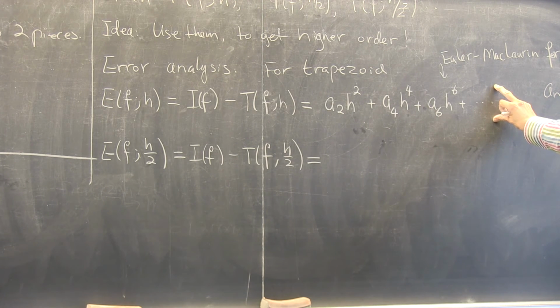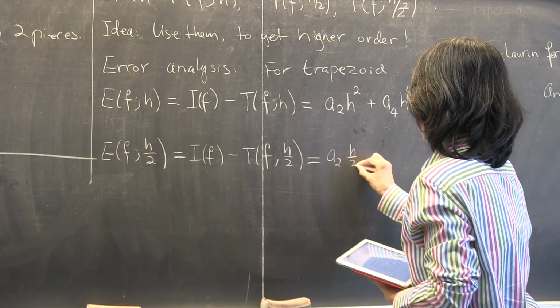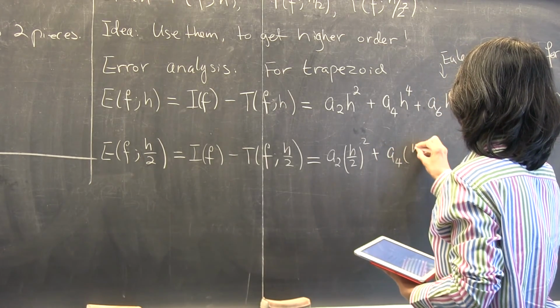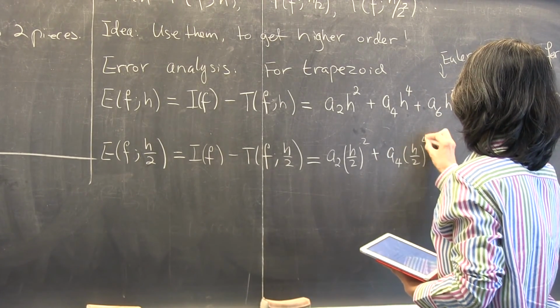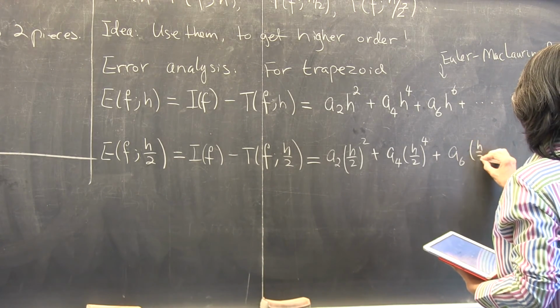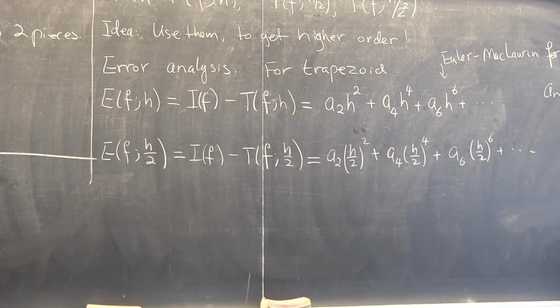You just change all the h into h half. Is that clear? Same constant a2, h half squared plus a4, h half to the fourth plus a6, h half to the sixth plus many terms, as many terms as f can be differentiated.